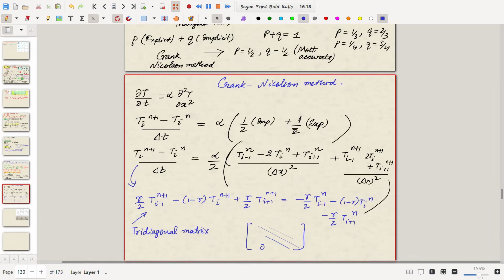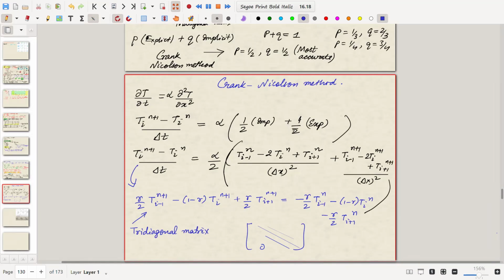So wherever you go, you will always face a tridiagonal matrix. Whenever you want to solve anything, a tridiagonal matrix will come up, even in deep learning, because diagonal matrices are very popular.